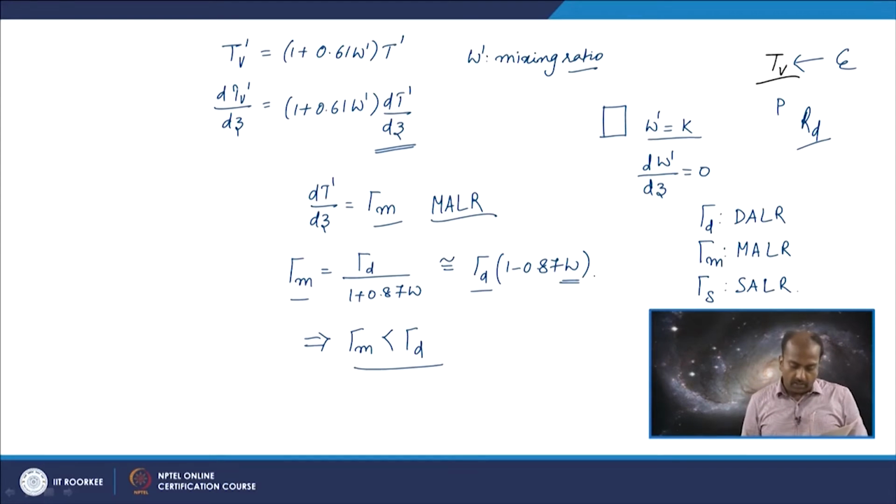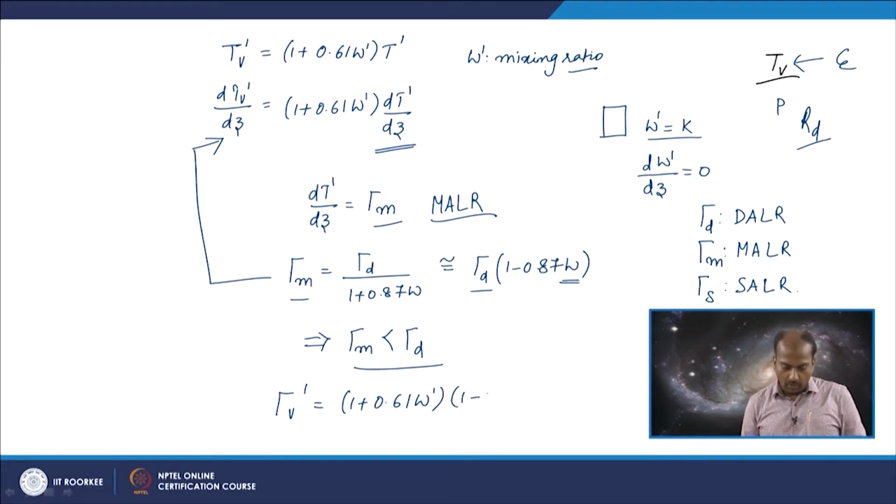So, let us substitute this into this equation. We can write gamma v prime, the virtual lapse rate, as 0.61 W prime into 1 minus 0.87 W times gamma d. So far, this is the virtual temperature of the air parcel and temperature of the air parcel. The starting expression is just for the air parcel.